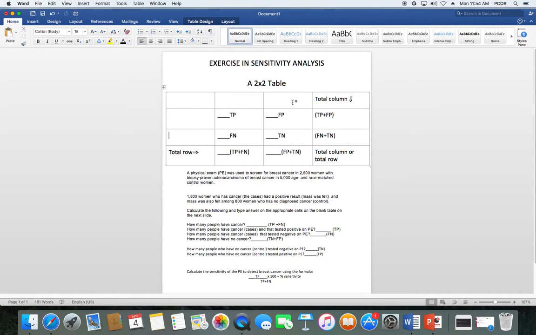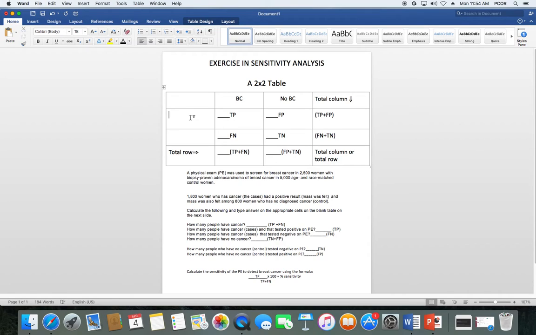So let's fill out the labels for this table. Those who have breast cancer will be on this column. Those who have no breast cancer will be on this column here.